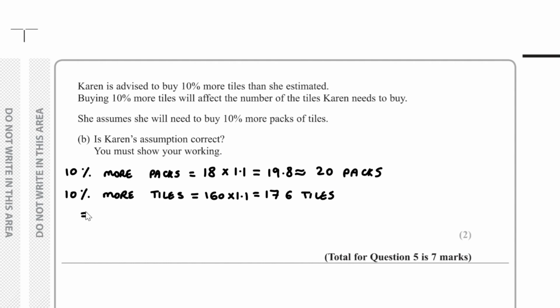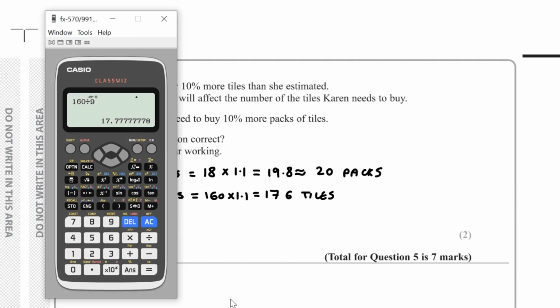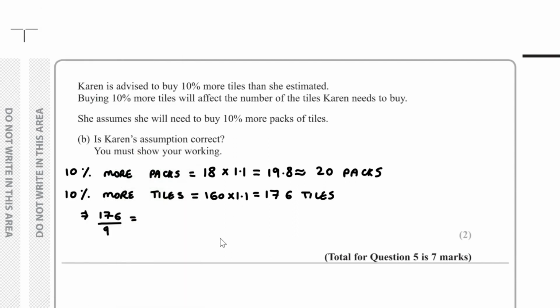So here, we've got 176 divided by 9. Well, indeed, if we work this out, 176 divided by 9, that's 19.5, etc. which is approximately 20. So therefore, if she buys 10% more tiles, she needs 20 packs.